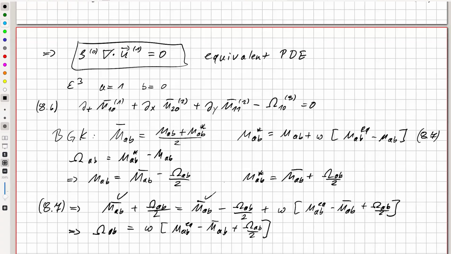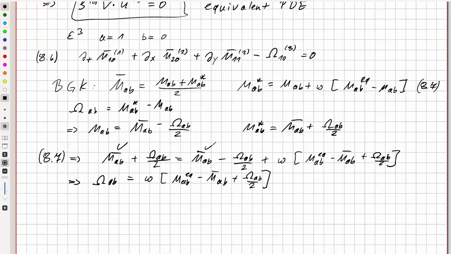So this is this implicit formulation, and this can now be reintroduced and made explicit: MAB over bar being MAB equilibrium minus 1 over omega minus 1/2 times omega AB.